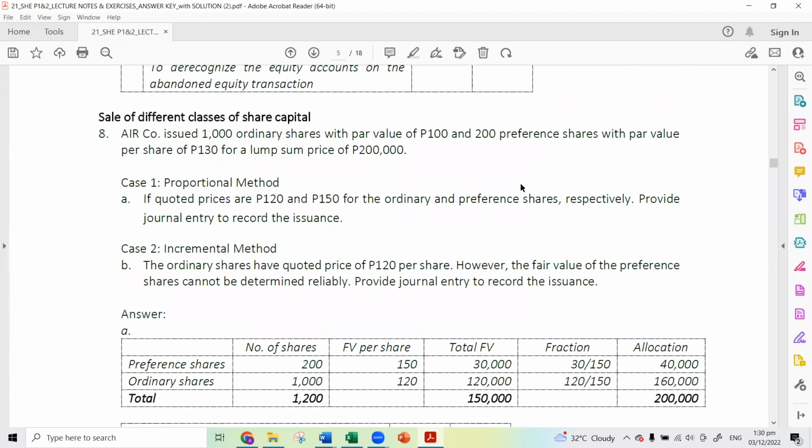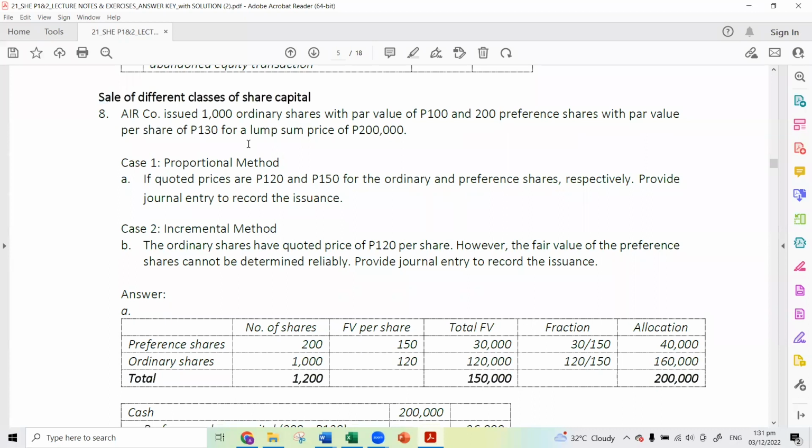Okay, so let's proceed with the sale of different classes of share capital. When does this happen? Of course, when the entity issues more than one class of share capital for a lump sum price, which is sometimes used in the board exam as a basket sale.